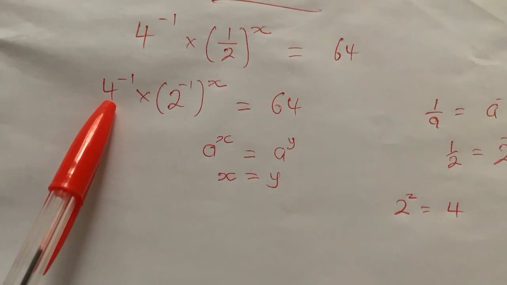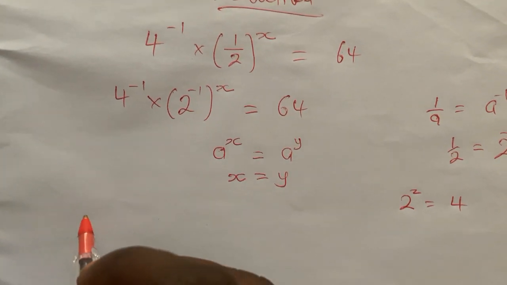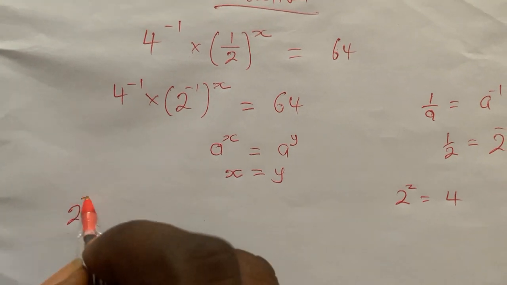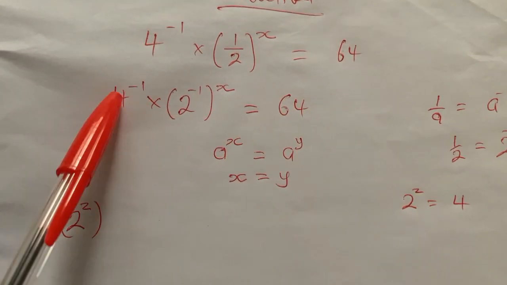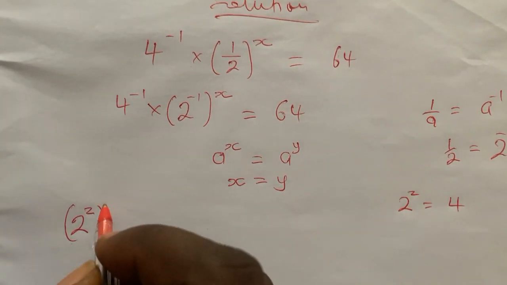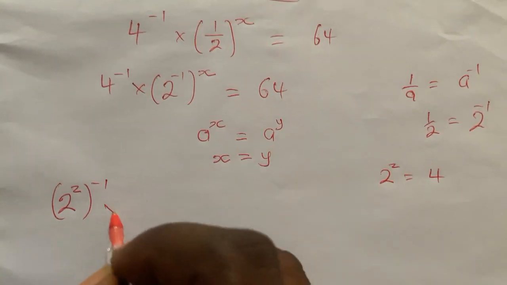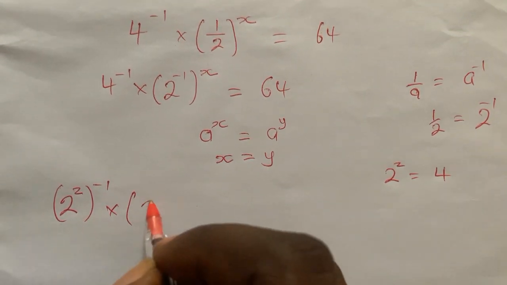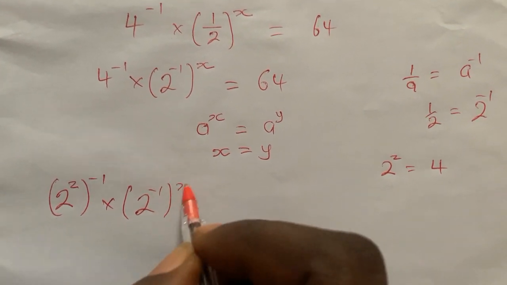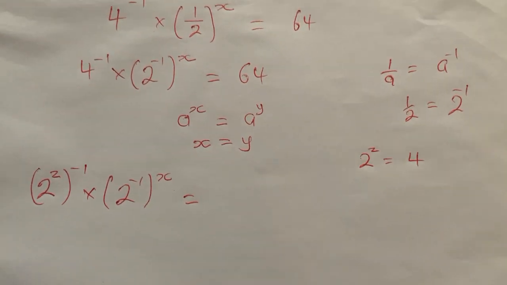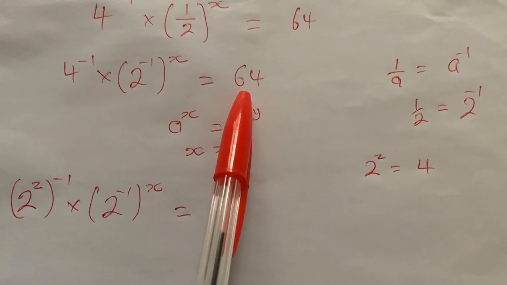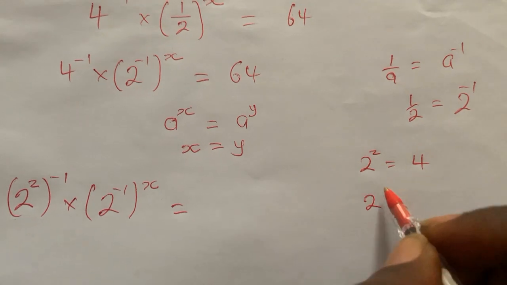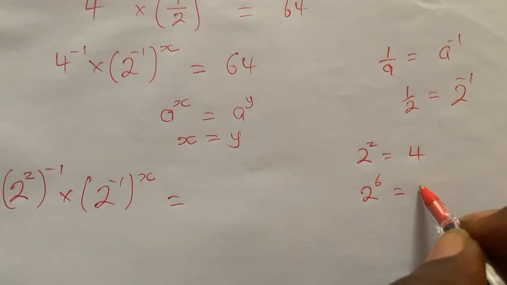So in place of this 4, I'm going to write 2 raised to the power 2. But note, the 4 is raised to the power minus 1. So minus 1 times 2 raised to the power minus 1, all raised to x, equal to, again, the 64. 2 raised to the power 6 is equal to 64.